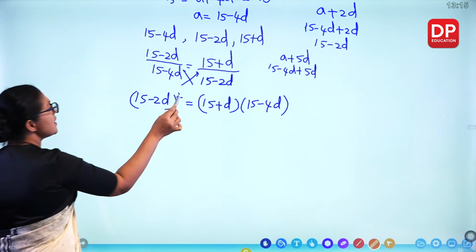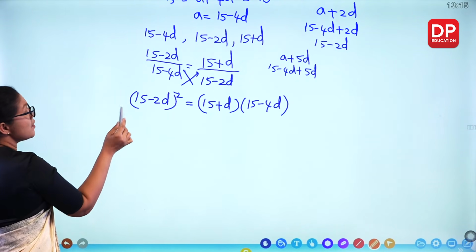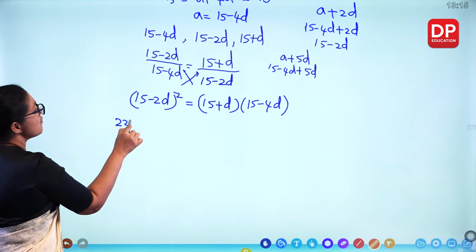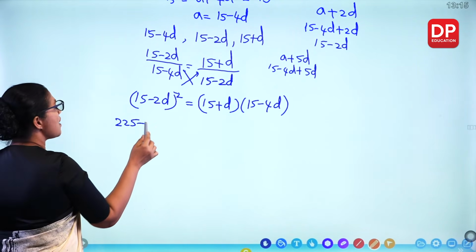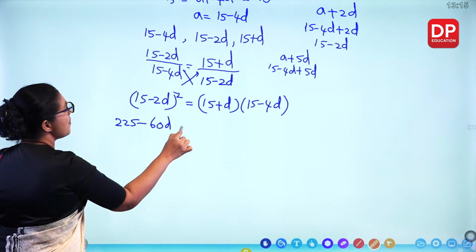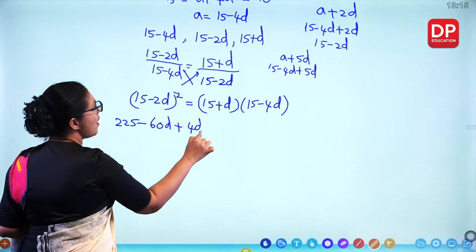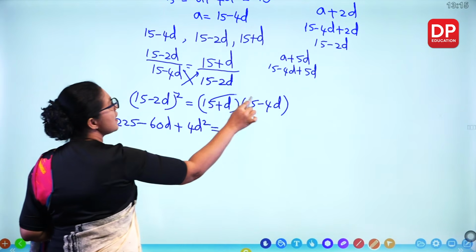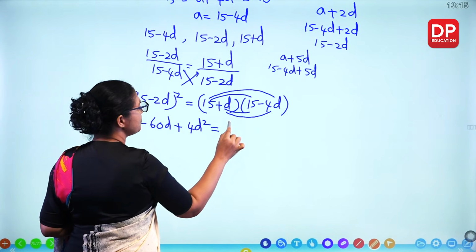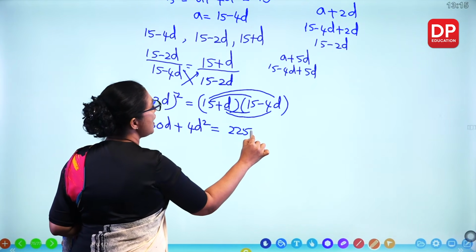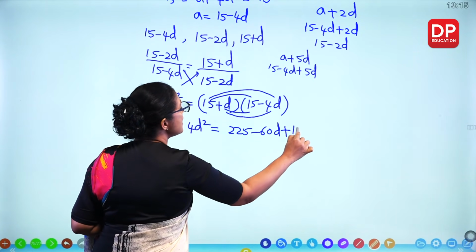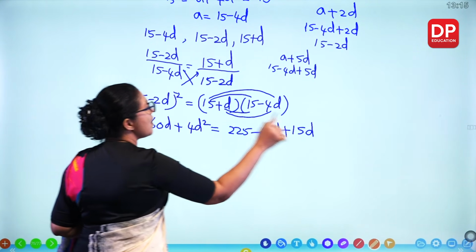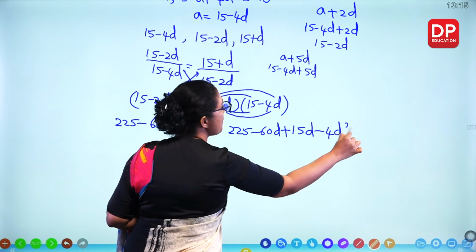Now expand the brackets. 15 squared is 225. 2 times this, 30. 30 times 2, 60d, plus 4d squared is equal to, again, rainbow method, 225 minus 60d plus 15d minus 4d squared.